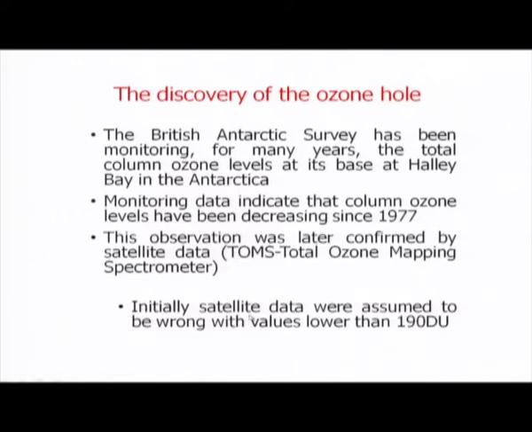Initially they thought there may be something wrong with the satellite data, which is why it was giving a value lower than 190 Dobson unit. Normally it should be close to 300 Dobson unit. So, they thought there may be something wrong with the resolution of the satellite or something, but later again it was confirmed, and ozone depletion is taking place in the stratosphere.